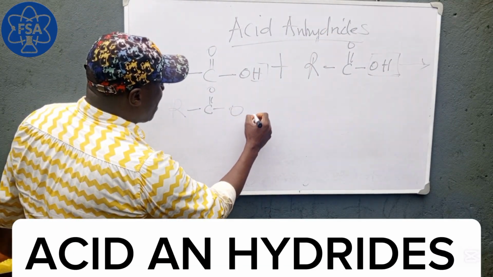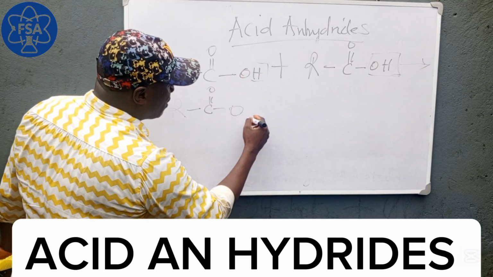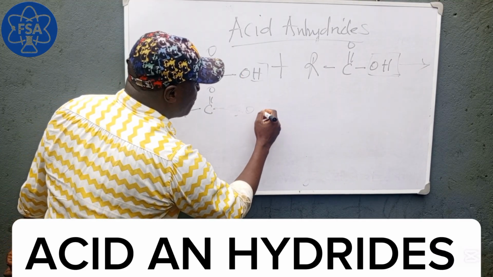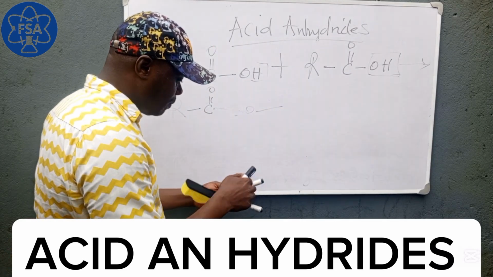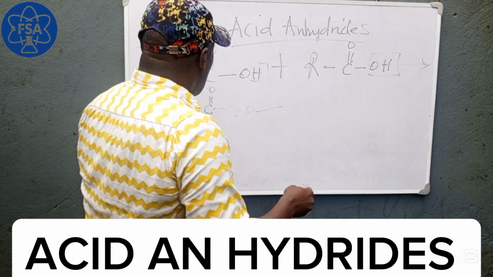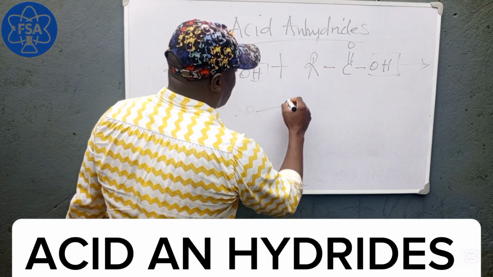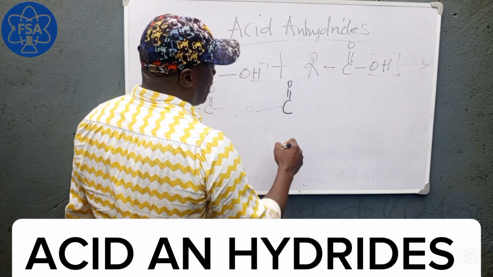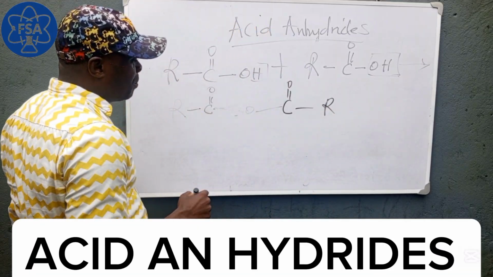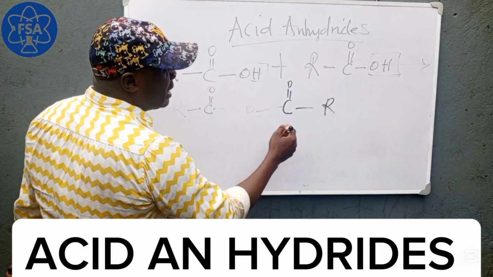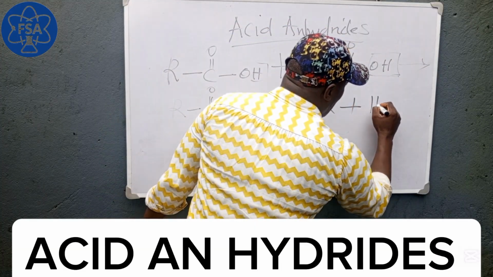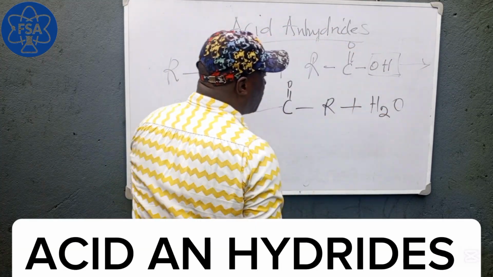So at this point we are having oxygen, and C, then our methyl group. At this point, we are saying that the dehydrating part is the removal of water molecules.